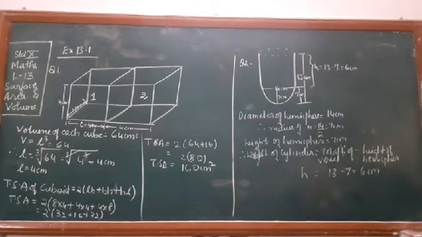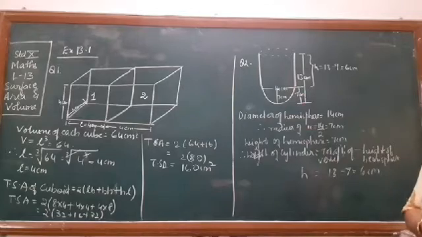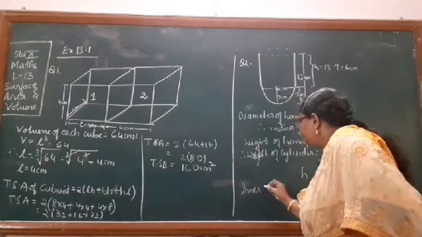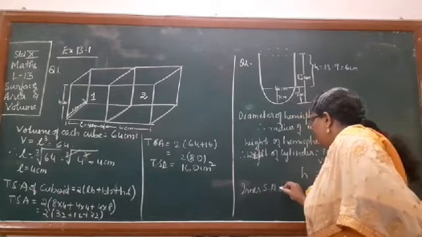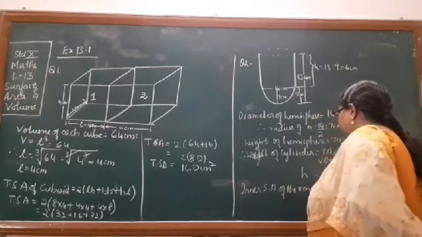Now have we got all the required things? Yes, we have got. You are asked to find the inner surface area of the vessel. We won't say it as cylinder, we will say it as the vessel.